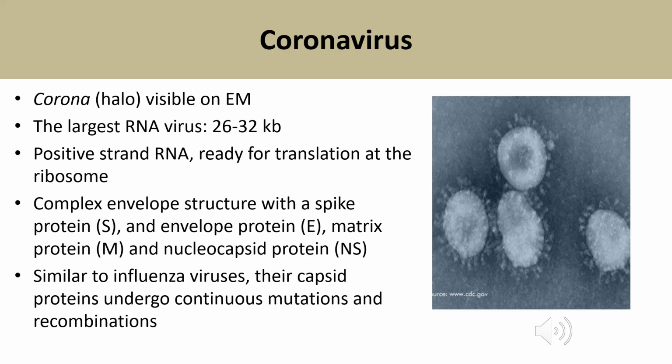This is the one that is butting out of the virion, giving it these spikes that look like the halo that we talked about. Now, similar to influenza viruses, these viruses are undergoing continuous mutation in their capsid protein genes, so they continuously change their antigenic determinants in the capsid.